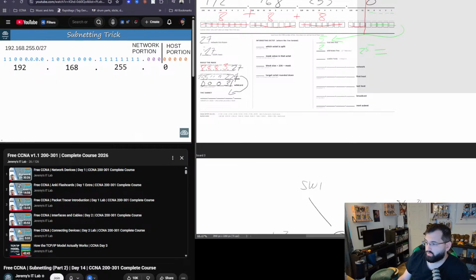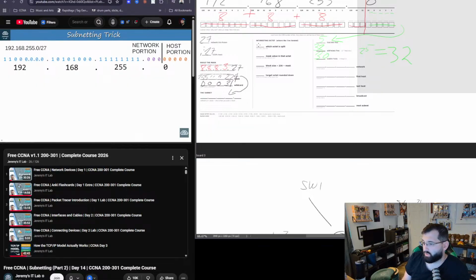The one on the computer's just not working right. Okay. It is 32. Now, that's the amount of usable hosts. No, that's the amount of hosts in general. So that means usable is 30.